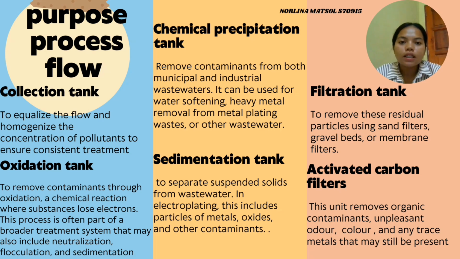The next process is the sedimentation tank, to separate suspended solids from wastewater in electroplating. This includes particles of metal, oxidants, and other contaminants. Next, filtration tanks remove residual particles using sand filters, gravel beds, or membrane filters.